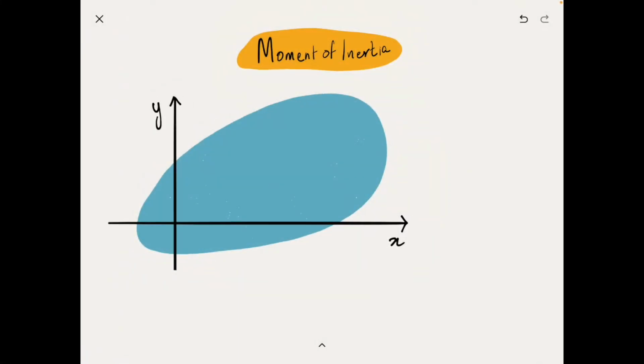I have here an arbitrary cross section A, and let me assume that the bending or the deformation occurs with respect to my reference axis x.